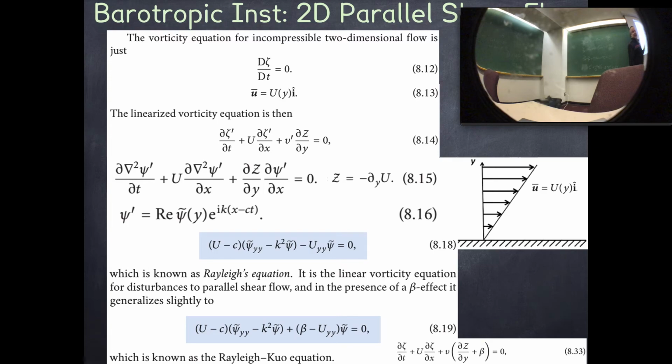Look at it. What kind of an equation is this? Like what class of equation is it? And Vallis is using subscripts here to mean derivatives in that direction. Is it a partial differential equation?